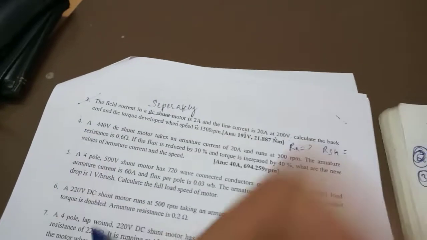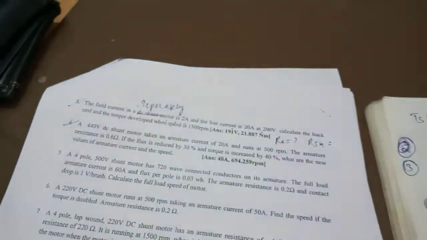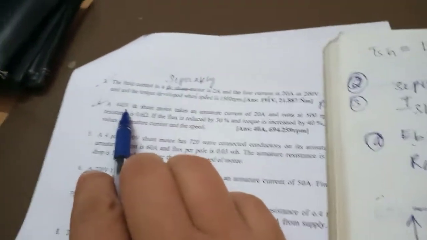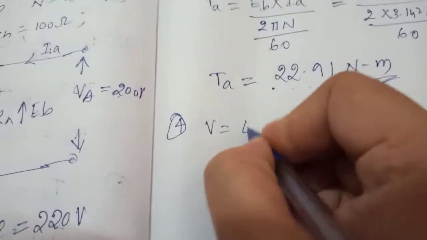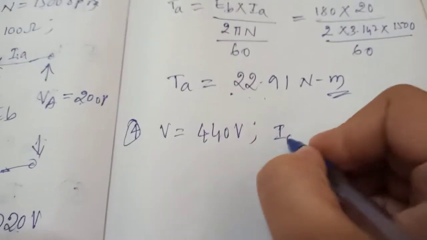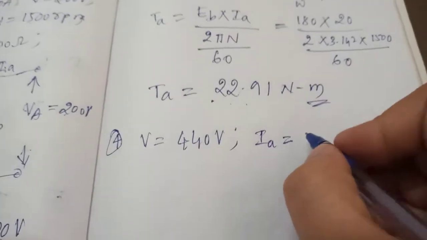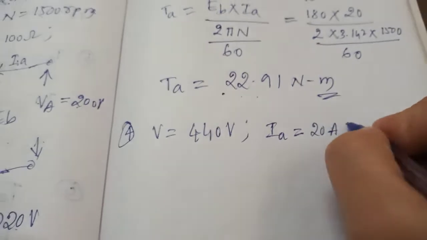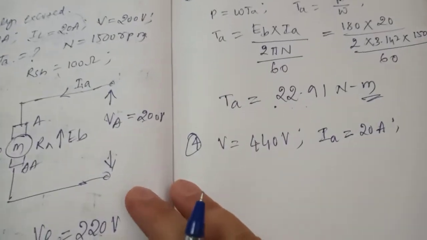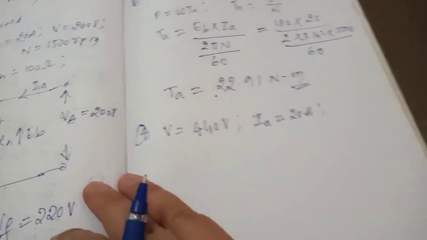Okay, next we shall solve problem number 4. A 440 volt DC shunt motor takes an armature current of 20 amps. So they have given directly the armature current, not the line current. If they had given the line current, then you would apply the formula IL is equal to IA plus ISH, so IA is equal to IL minus ISH.